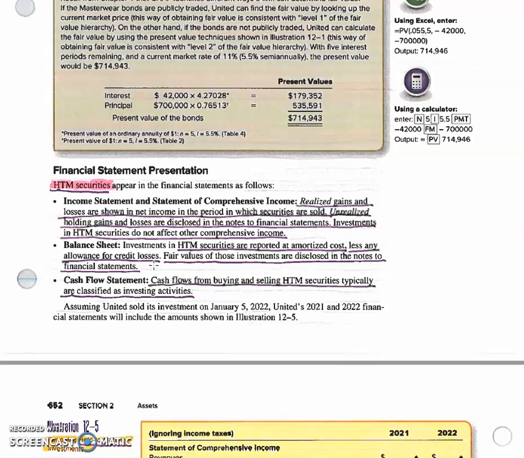Interestingly enough, if you recognize a credit loss and then in a subsequent period you think that credit loss you recognized was too large, you can actually reduce that in a subsequent period. That's accounted for as a change in estimate. So in that period when the estimate changes, and in future periods. Statement of cash flows, buying and selling of them, is reported in the investing activities.